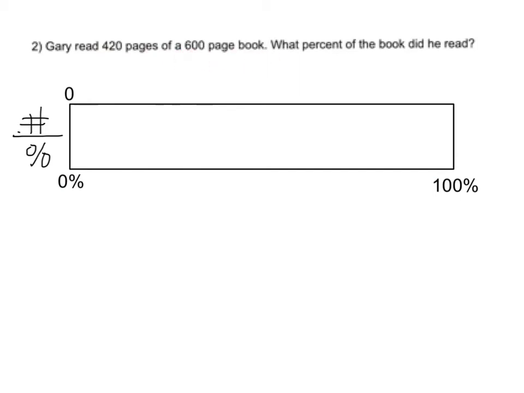If we look at the two numbers, 240 and 600, we know that this 600 is the total book. That's how many total pages there are. So we could put that into the 100%. If we read 100% of the book, we would have read 600 pages, which allows us to know that 240 is going to be part of the book.